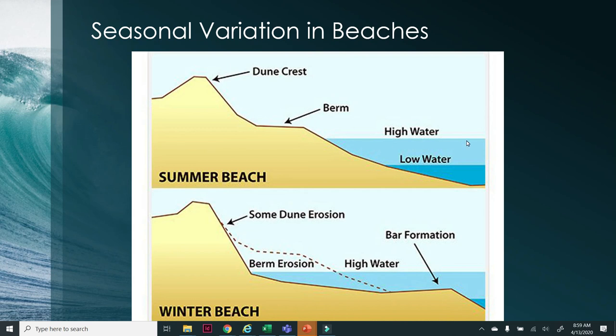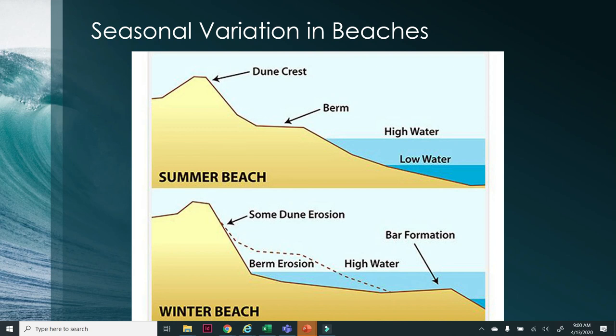Think about the ocean in summer versus the ocean in winter. We have a lot more storms during winter, so we have a lot more energy coming from waves. So in summer, when we have just gentle waves, those waves actually will push sand up onto the beach, and it will build this berm, okay, which is kind of like a plateau or a step, okay? But in winter, we have much stronger storms.